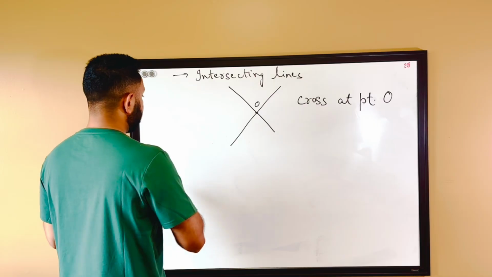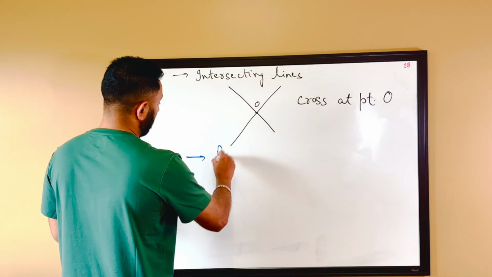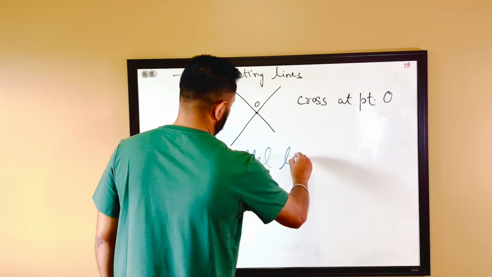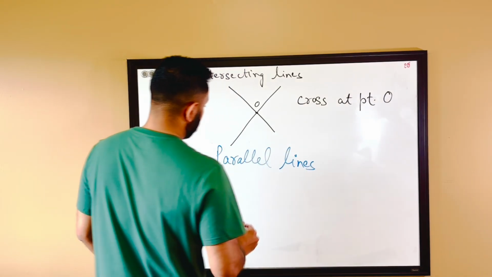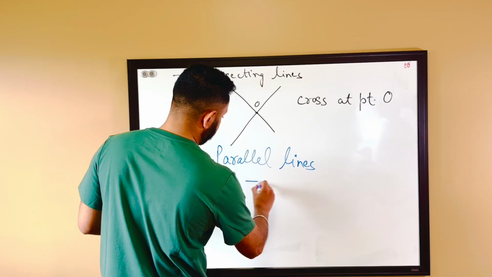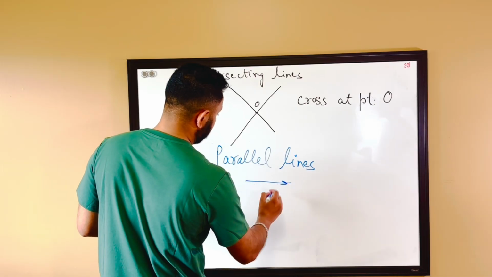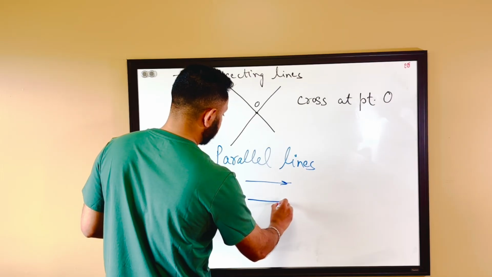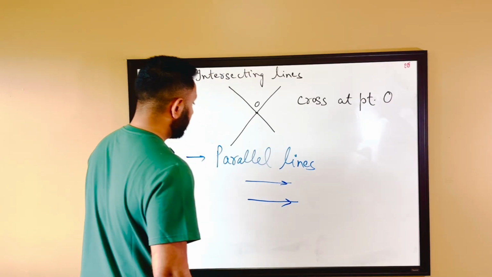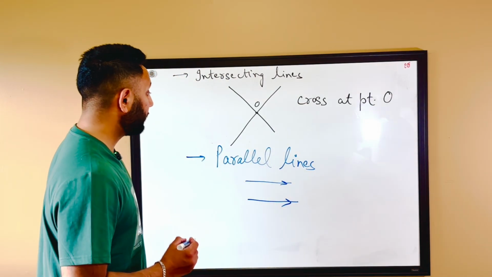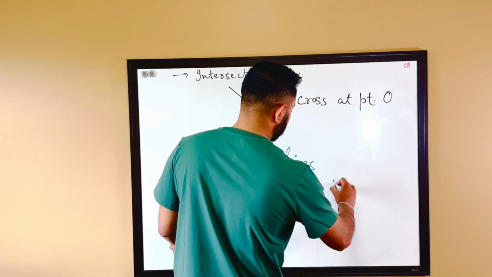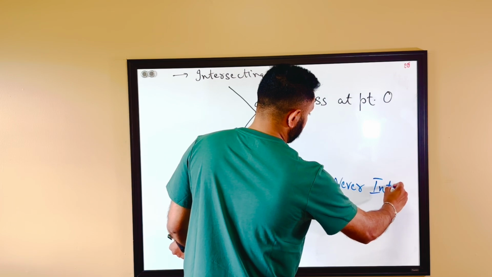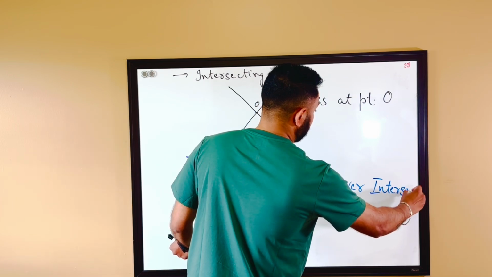So our second subtopic is parallel lines. So this is the first parallel line, like this arrow represents a parallel line, and this is the second parallel line. So they are the ones that never intersect, and they're gonna stay parallel.